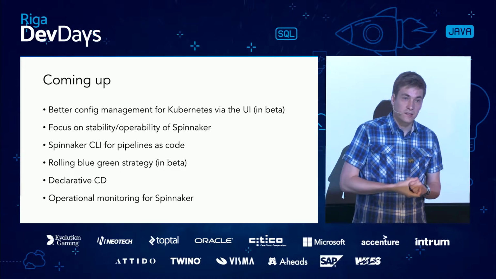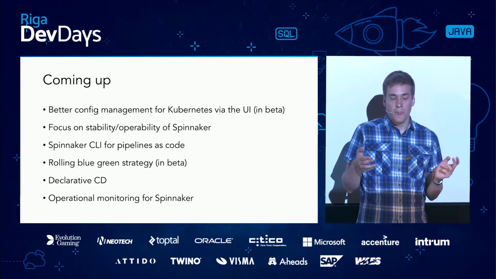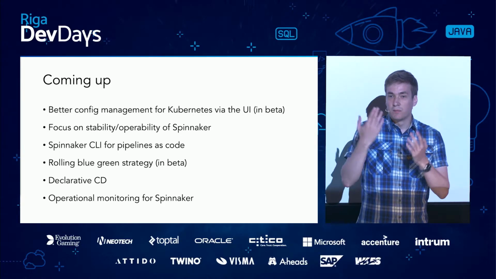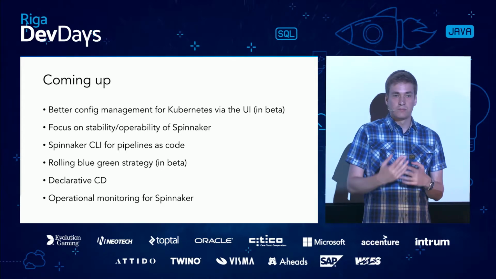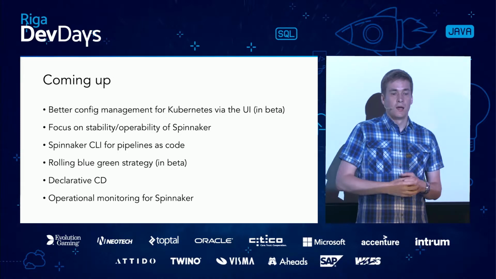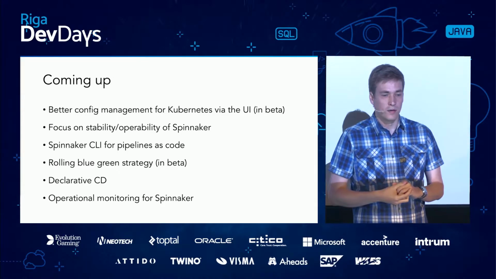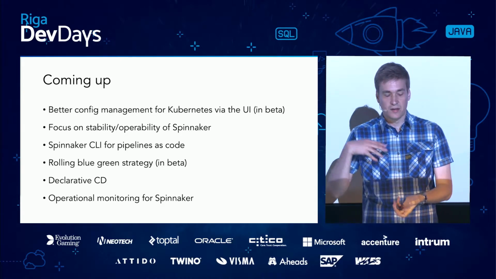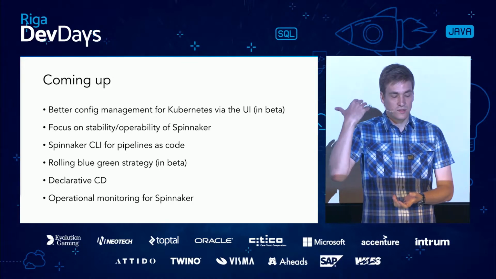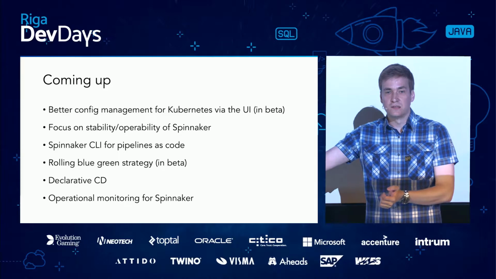And declarative CD, it's an interesting one as well. Normally we would describe what we want to deploy in our pipeline, each step we want to do. And that's more like an imperative way of working. Declarative CD gives Spinnaker the ability to, aside from imperative, so you can still switch back, just tell Spinnaker, just like with Kubernetes, what state you want to achieve in the end.